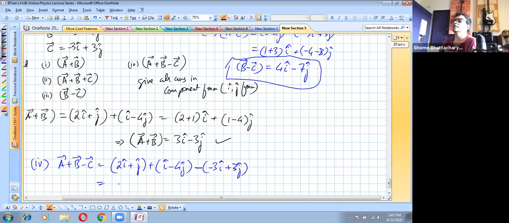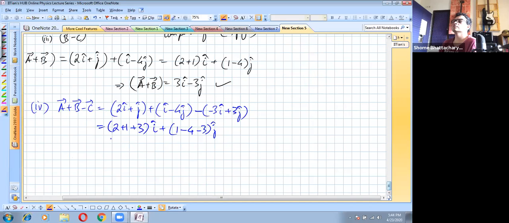So with i cap we are getting 2 plus 1 minus of minus 3, so that's plus 3. We'll get 6. With j cap we'll get 1 minus 4, then again minus 3. So this, as you can see, will become 6i cap and again minus 6. So this is my answer for a plus b minus c.